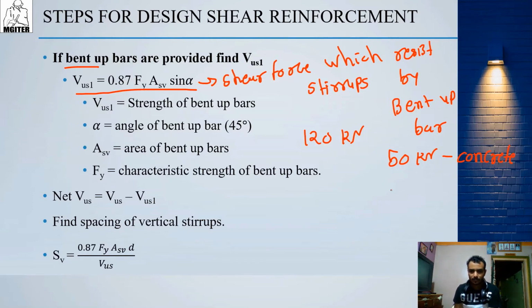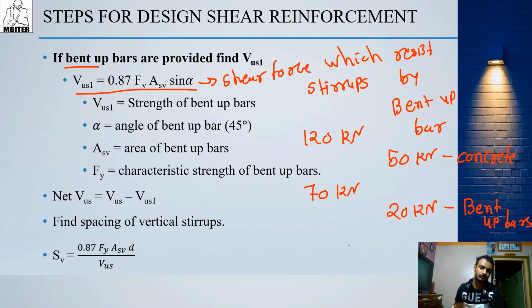Okay, so we have 70 kilonewton force which can be resisted by steel, but in the 70 we provide one bent-up, so 20 kilonewton force is resisted by the bent-up bars. So the remaining 50 kilonewton force is resisted by the stirrups.